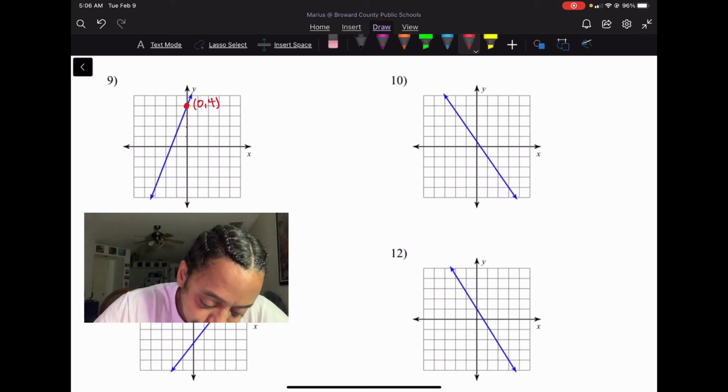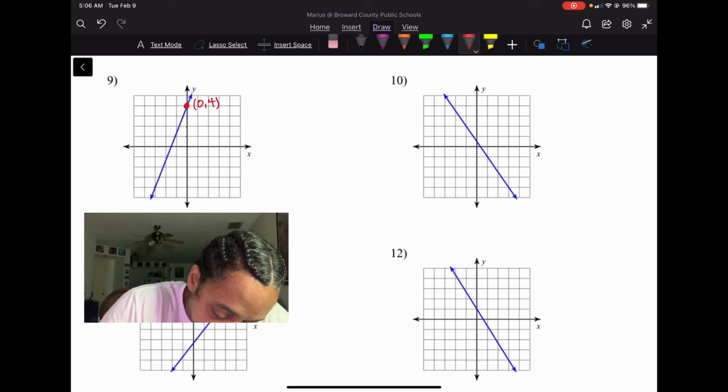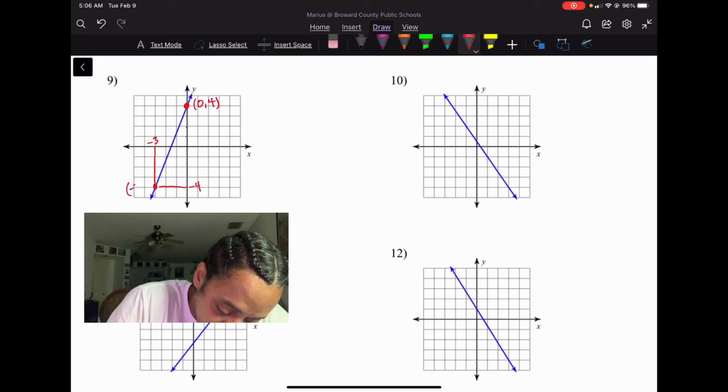So as I look along my line, I see I have a point right here. The x coordinate is negative 3, and the y coordinate is 1, 2, 3, 4. That's negative 4. So this ordered pair here is negative 3, negative 4.